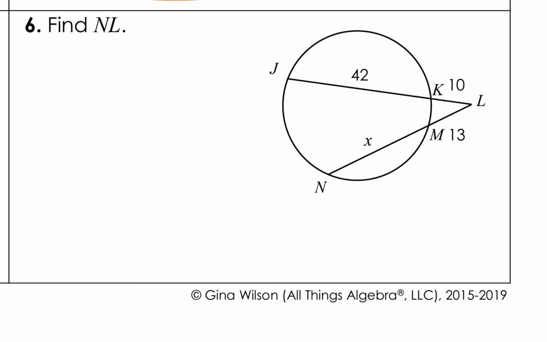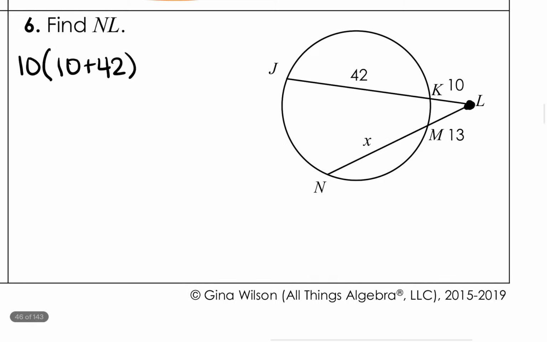Number 6. This time the intersection is outside of the circle. So it's a little bit different, right? We have this intersection outside the circle and we have 2 secants. Okay, so if you remember before, what you're going to have to do is on the first line, let's say JKL, line JKL here, I'm going to take that outside segment and distribute it into the 2 segments being added together.